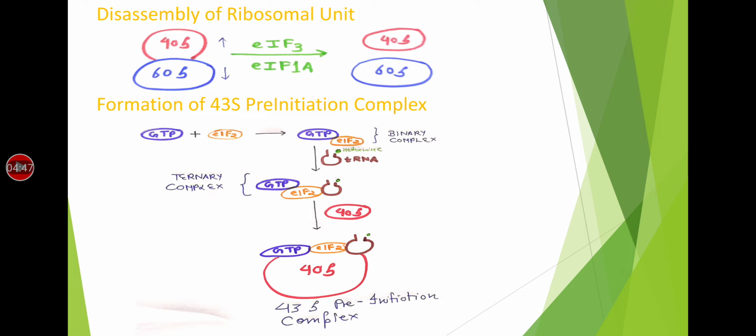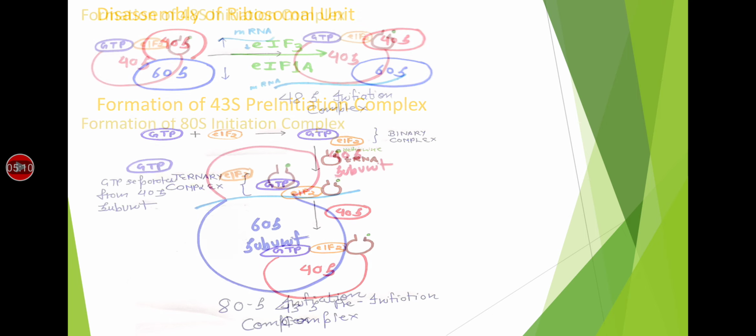In the ternary complex, we can see GTP, eIF2 and initiator tRNA. Now to this ternary complex, 40S subunit binds and leads to the formation of 43S pre-initiation complex. We can very well see in the diagram, 43S pre-initiation complex consists of 40S subunit, GTP, eIF2 and initiator tRNA.